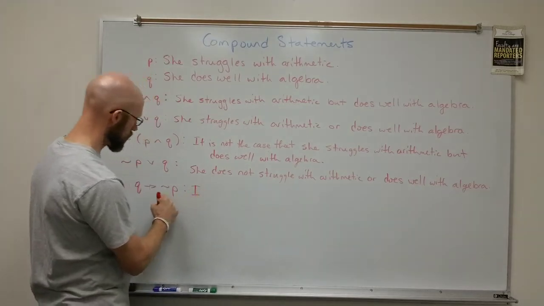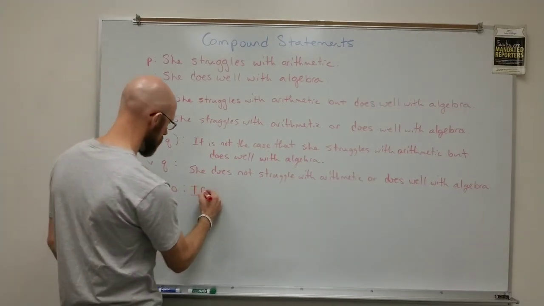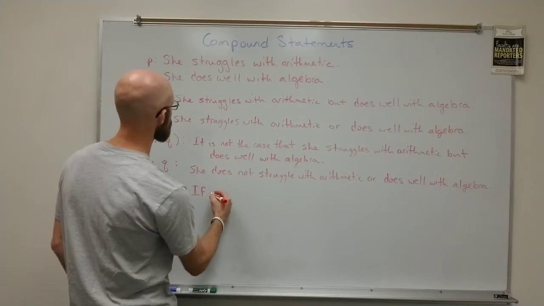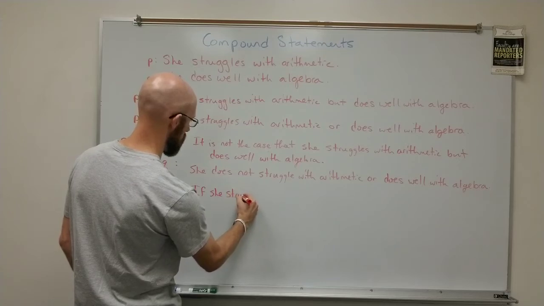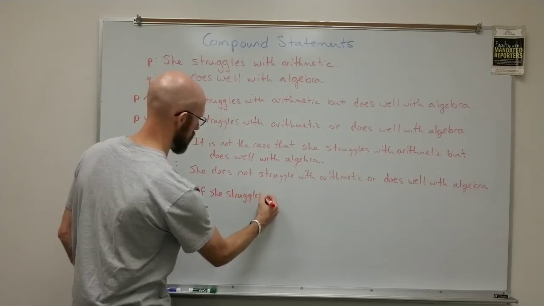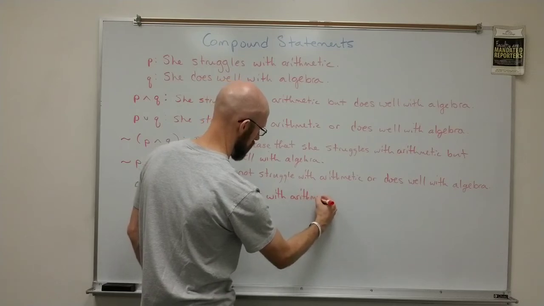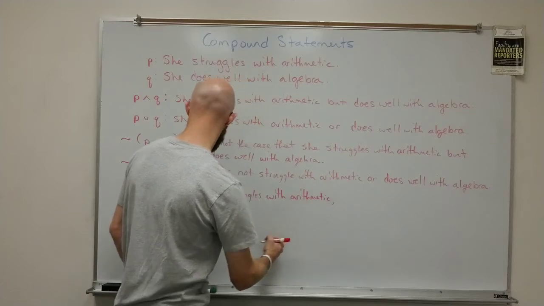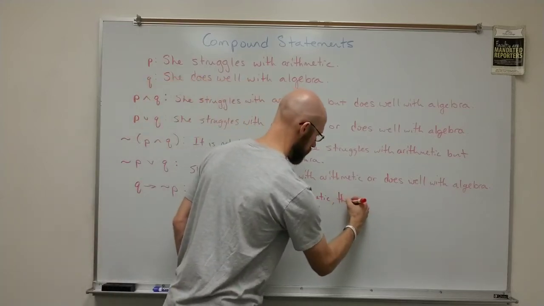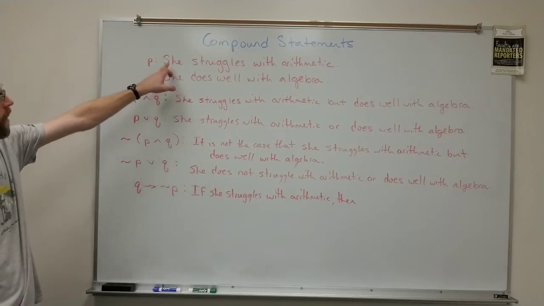So if, and again, the negation goes along with the P that follows it. So if she struggles with arithmetic, then, all right, so that's your conditional part, if then, not P.